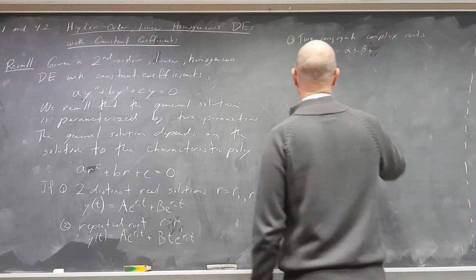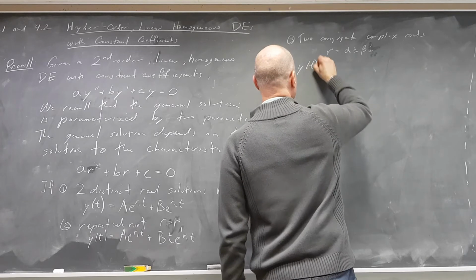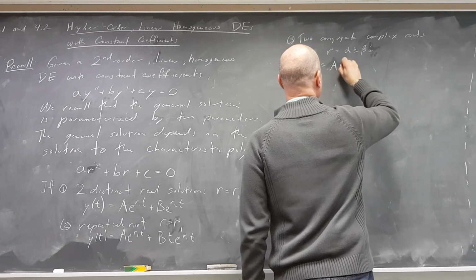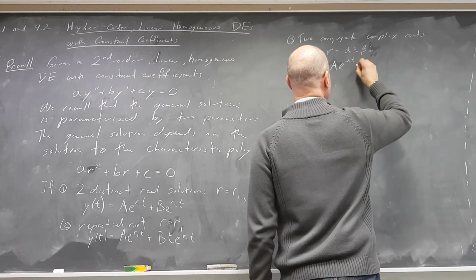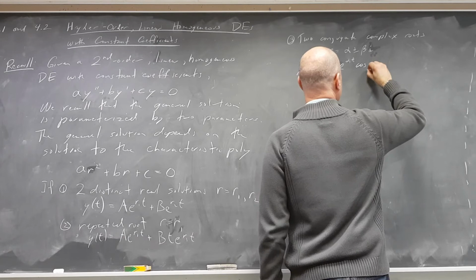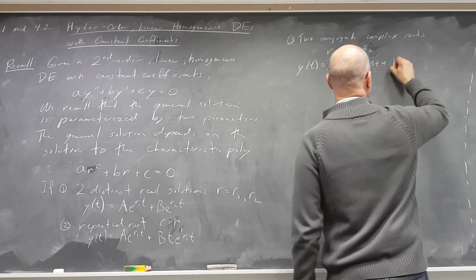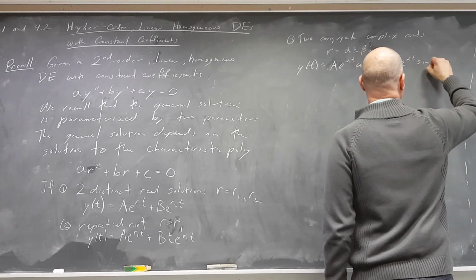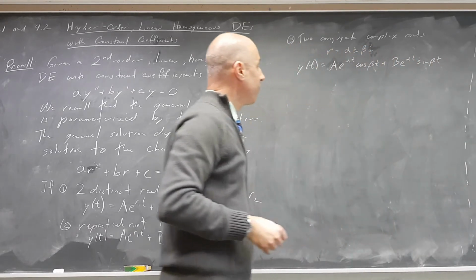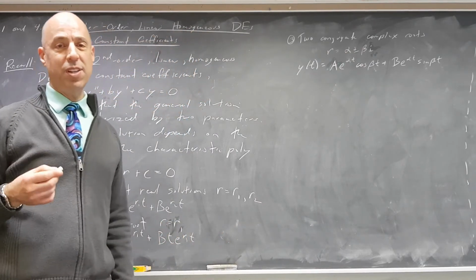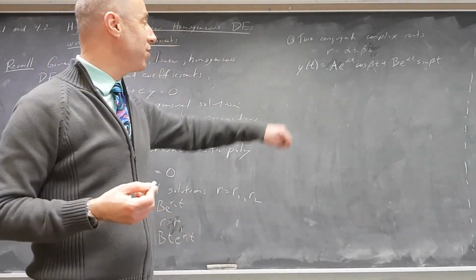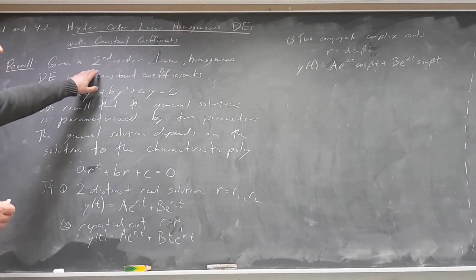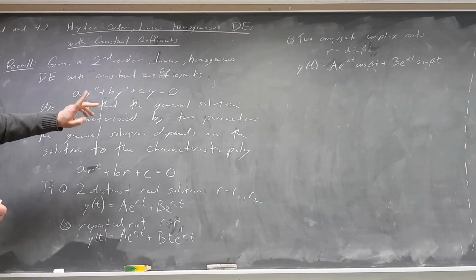Then we know the form of the general solution y of t equals A e to the alpha t cos beta t plus capital B e to the alpha t sine beta t. And you can put the cos and the sine in any order you want. Obviously, the order doesn't matter. So this is what happens when we solve a general second order linear homogeneous differential equation with constant coefficients.